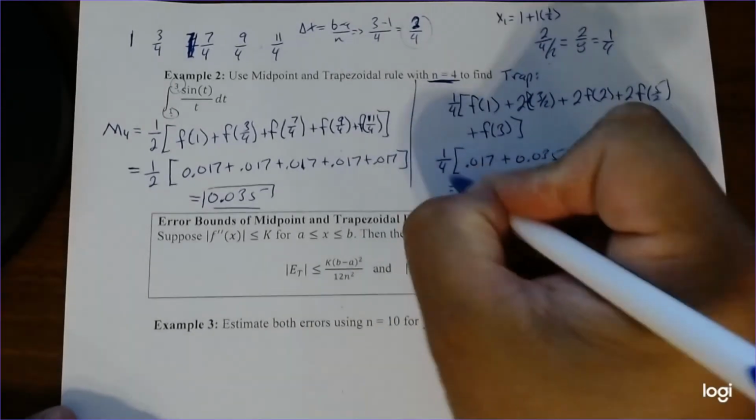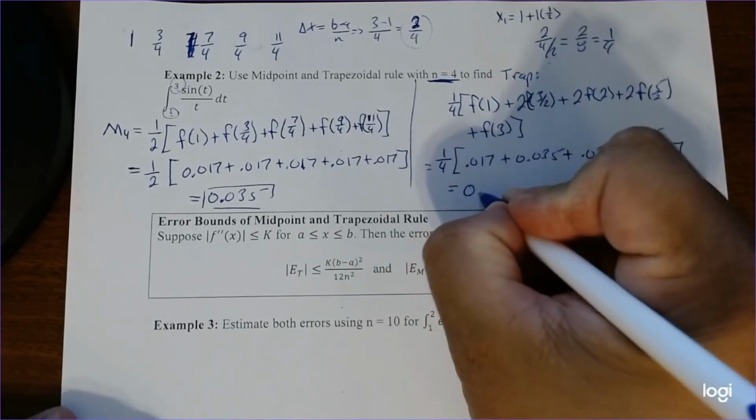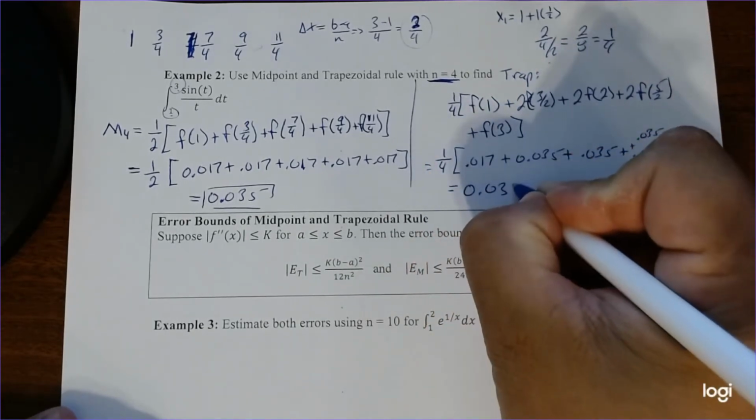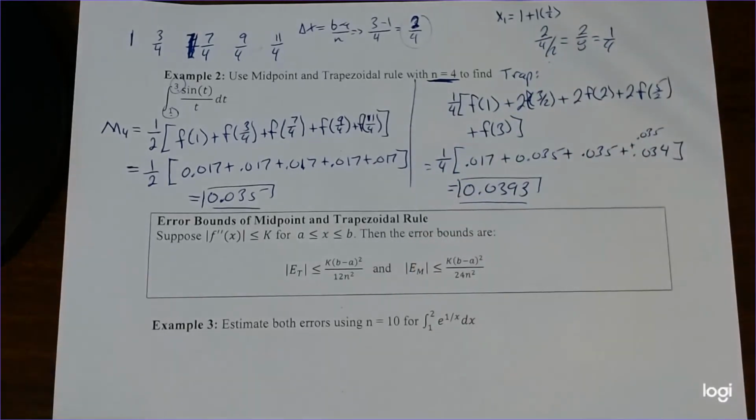Then adding all these up and dividing by 4 gives you this here. So they're finally a little off in this example, but very, very close to each other. If you're around 2 decimal places, they're exactly the same. You go a little farther out, that's when everything changes, because it's not perfect itself. Trapezoids are missing some area, and the midpoints are either missing or including areas that should not be in there.